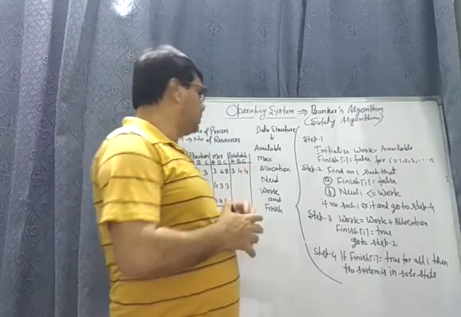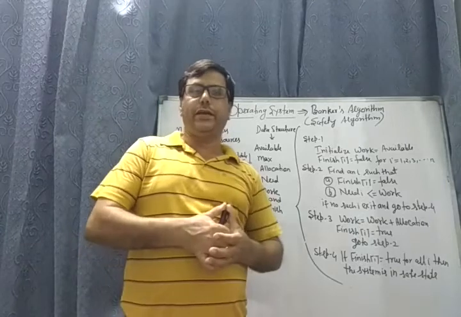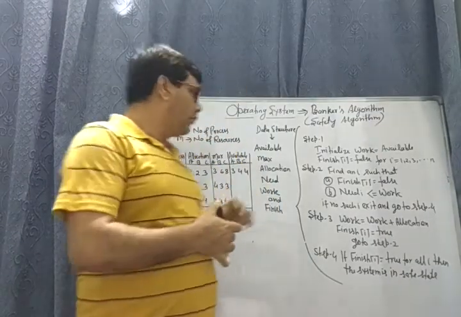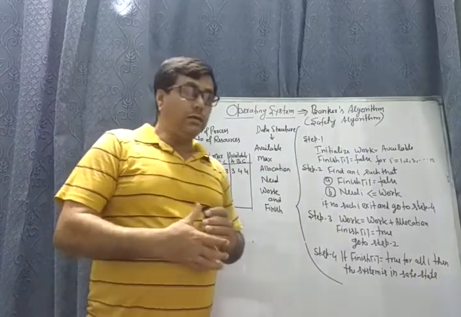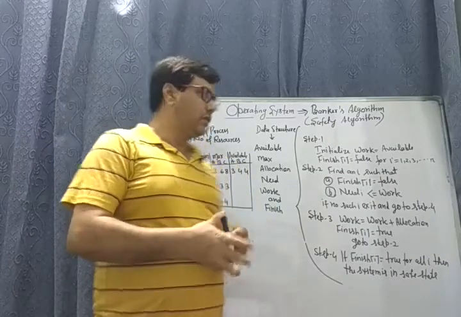Now Allocation. Allocation is also a two-dimensional array or matrix, which represents the number of instances of resources allocated to a particular process.